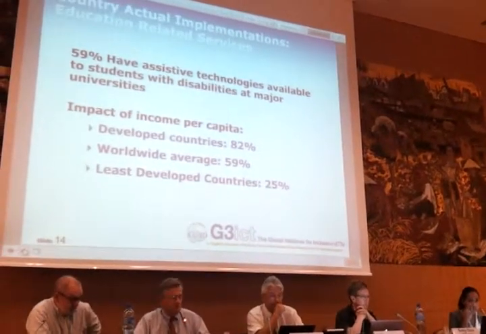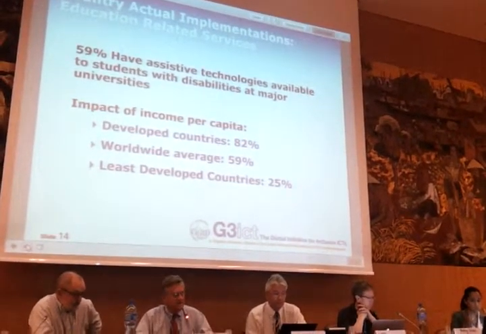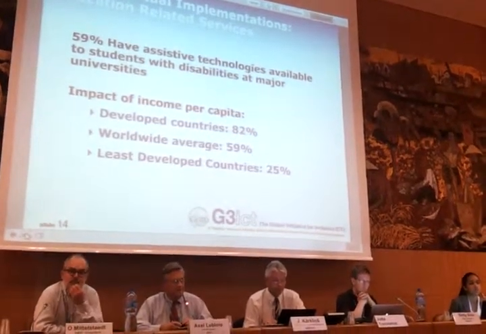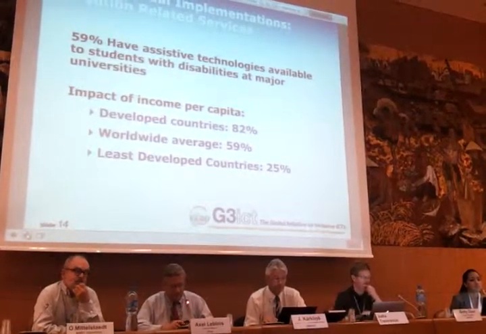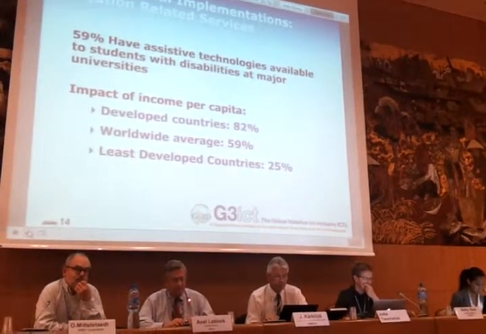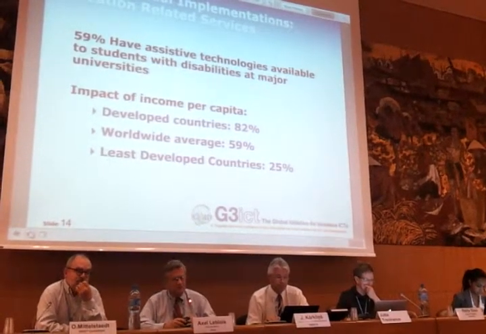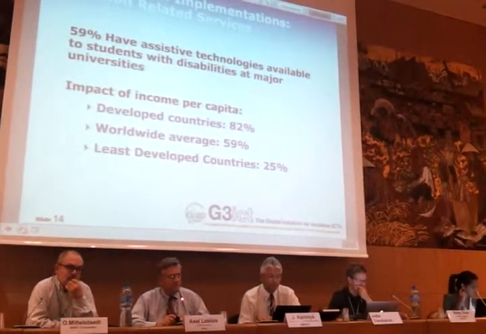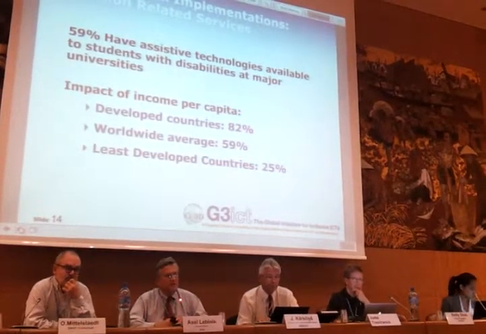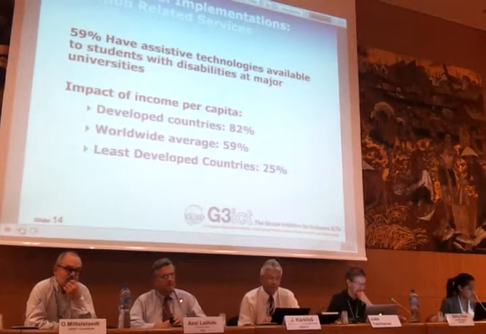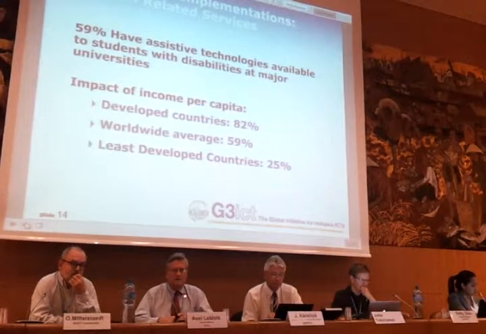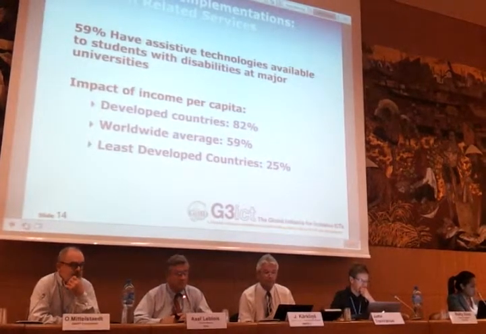One issue in the current situation is that the availability of assistive technologies remains very much linked to income. We do a survey at G3ict once a year of the countries' level of implementation of the Convention. When we tabulate results by income per capita, the worldwide average is 59% of countries having assistive technologies available at universities.